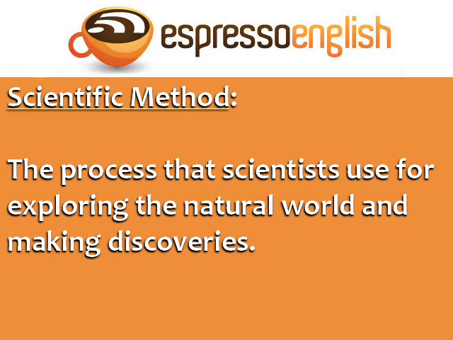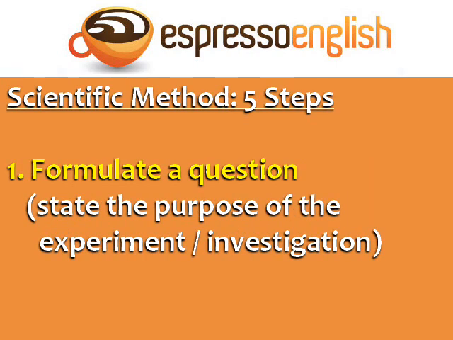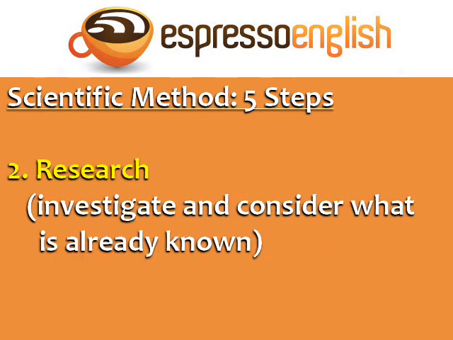Let's begin by talking about the scientific method, the process that scientists use for exploring the natural world and making new discoveries. There are 5 basic steps. 1. Formulate a question. This means stating the purpose of the experiment. 2. Research.